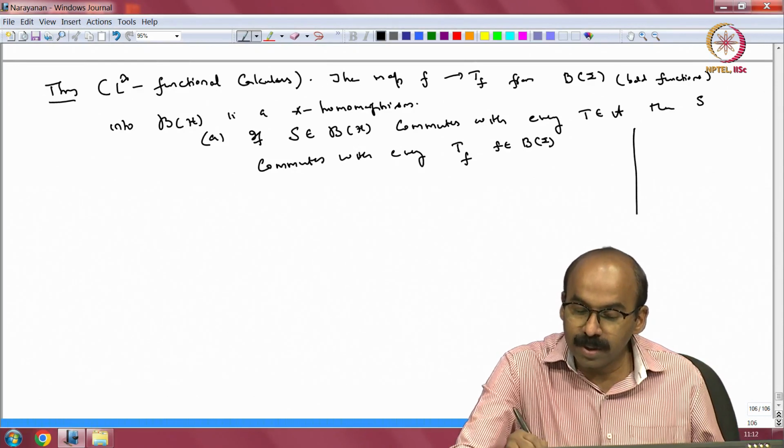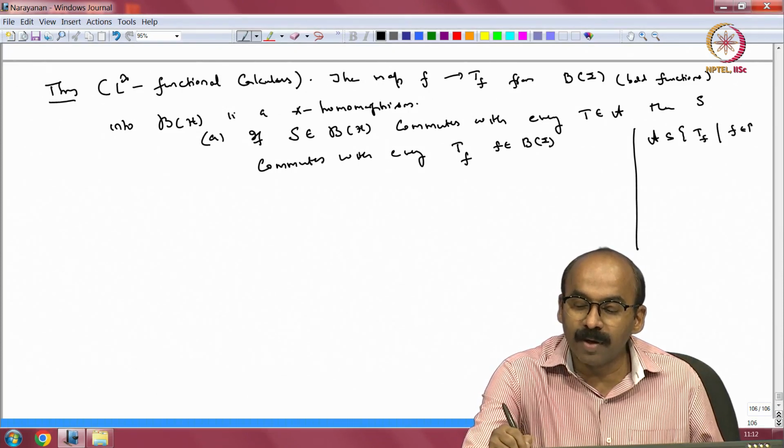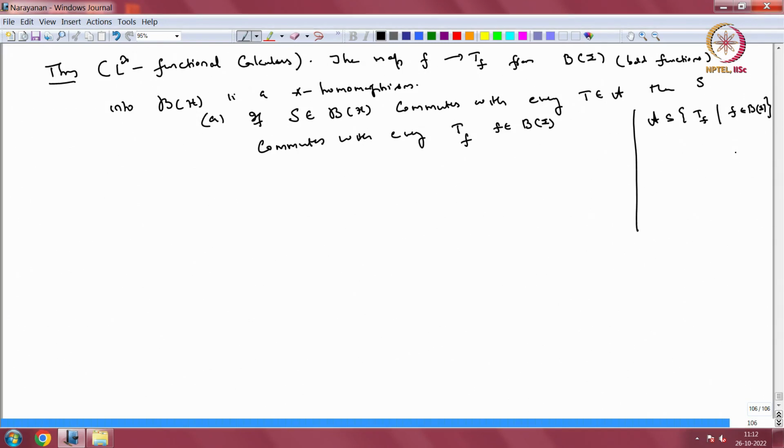The point to note is that A is sitting inside all these T_f's, where f is a bounded function. A is the collection of all images of continuous functions. So, if some bounded operator commutes with the smaller algebra A, it will commute with the bigger algebra T_f, where f belongs to bounded functions.